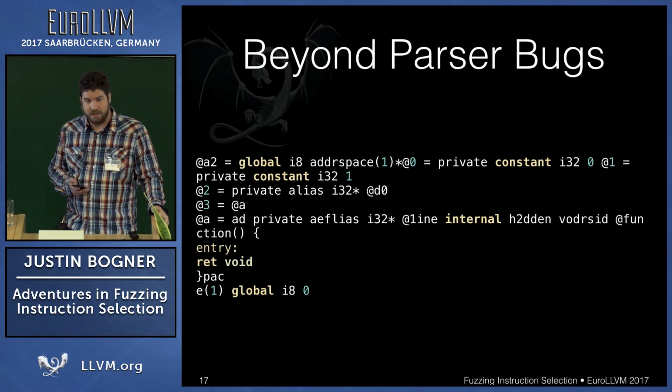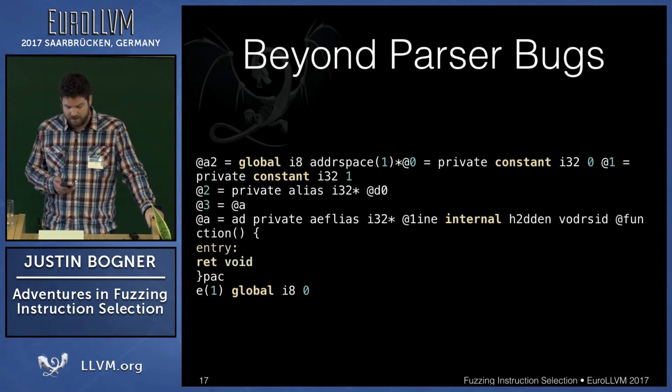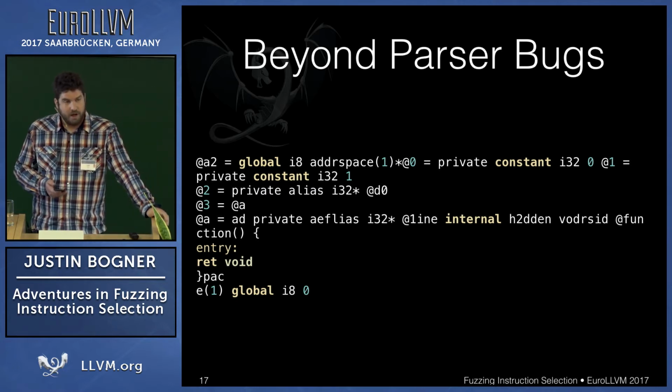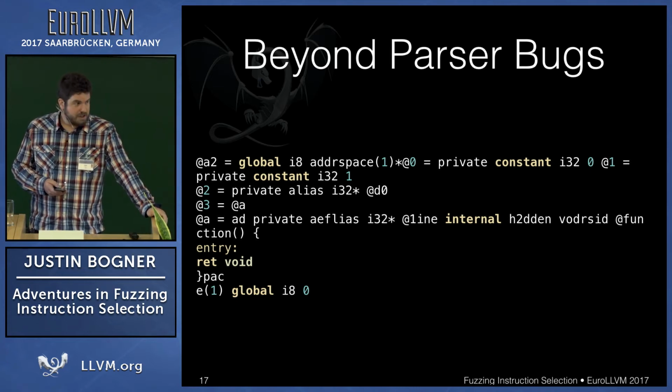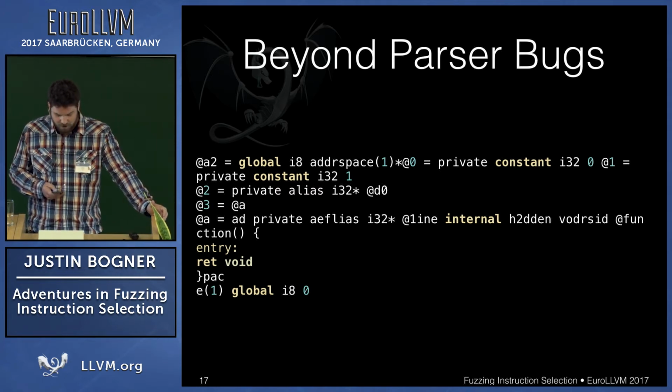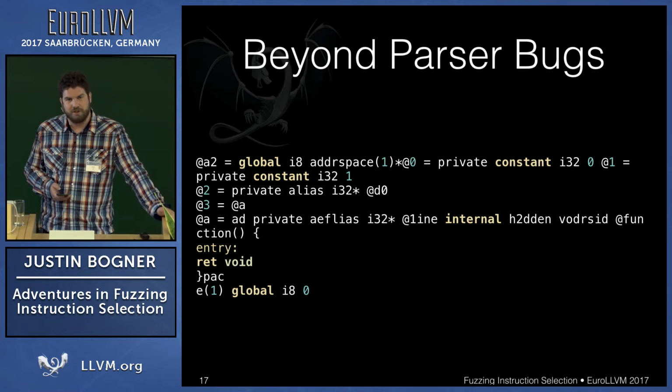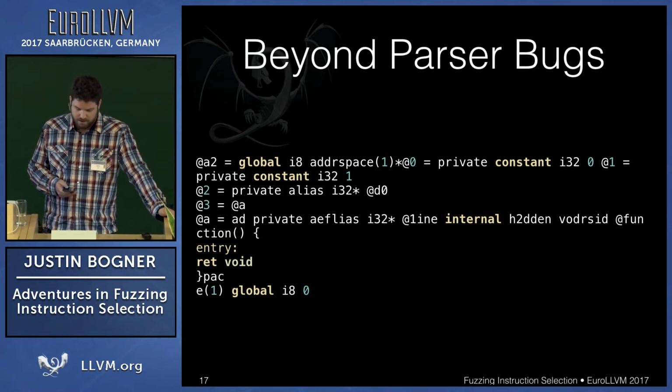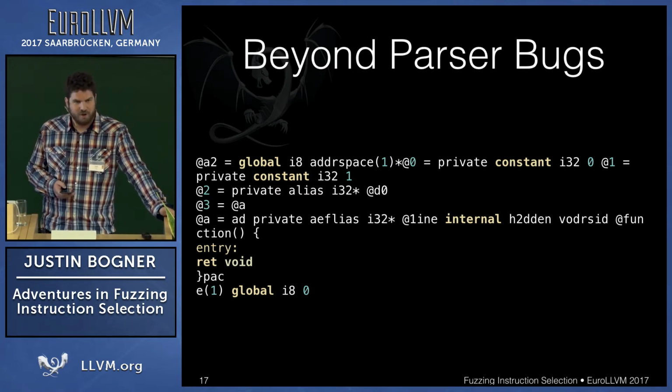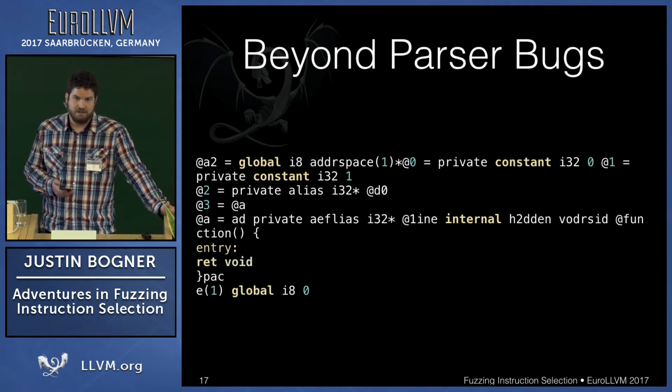Similarly, here's an input to llvm-as that the AS fuzzer found a while back and triggers an assertion. This has since been fixed, but you can see the same kind of thing here. We're exploring the dark corners of our parsers quite well, but this isn't really an efficient way to find back-end bugs. We're just not going to get to the instruction selection in the back end often enough.